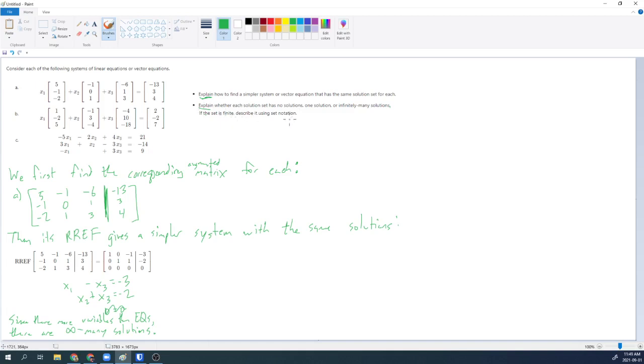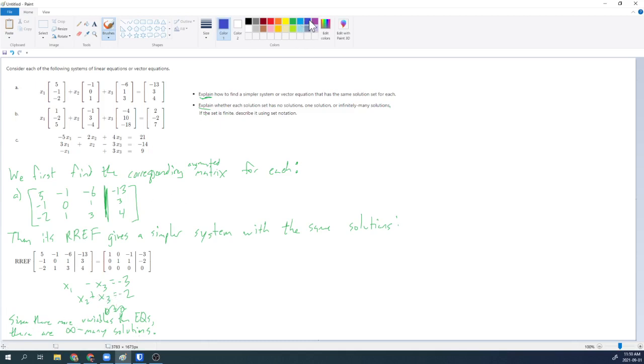I don't need to describe it using set notation. So that wraps up part A. I've explained how to find the simpler system using RREF, I wrote some words to explain what is going on, and then I gave a reason why there are infinitely many solutions.